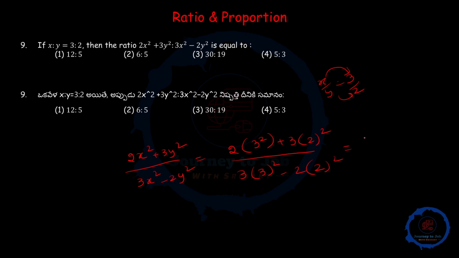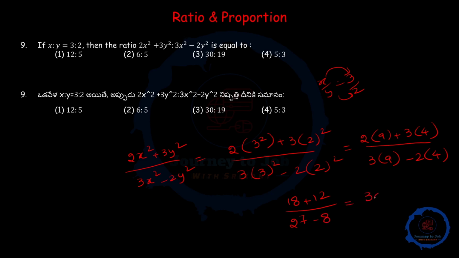So simplify, 2 into 3² value 9 plus 3 into 2² value 4, by 3 into 3² 9 minus 2 into 2² 4. So 2 into 9 is 18 plus 3 into 4 12, by this is 27 minus 8. So this is 30 by 27 minus 8 is 19. So 30 is to 19 is the answer.